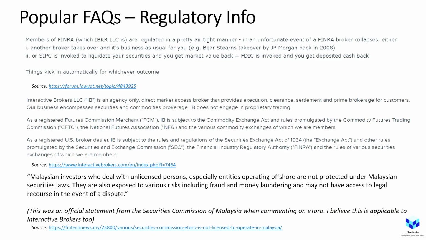So in essence, we are exposed to various risks, including fraud, money laundering, blah blah blah. But once again, seeing how IB has a very long track record, is listed on the stock exchange, and I see them frequently mentioned by a lot of investors, regardless of age or experience, in forums as well as investment groups, I don't see any issue. But yeah, do comment if you think this may be an issue.